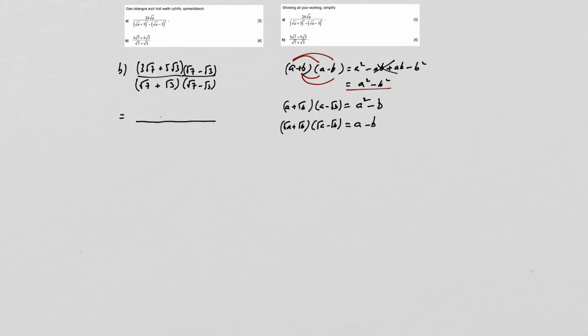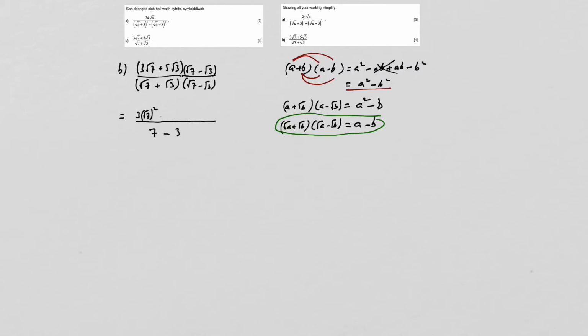On the bottom we have this form, so that is just going to be root 7 squared, which is 7, take away root 3 squared, which is 3. The top is a bit more problematic, but we have 3 root 7 times root 7, so that's going to be 3 root 7 squared.